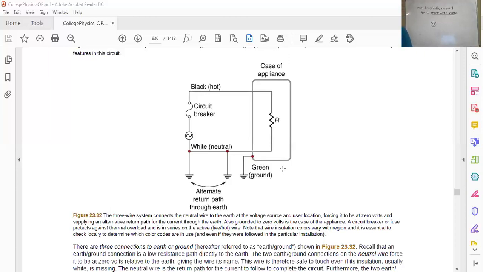Now, I'm not really writing much on the board here, I'm talking through this picture. You have different color schemes. If you're an electrician wiring up some appliances, you try to adhere to color schemes, but the color schemes may be regional, I should say.